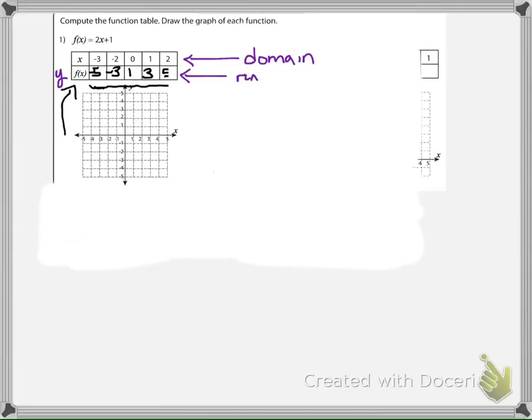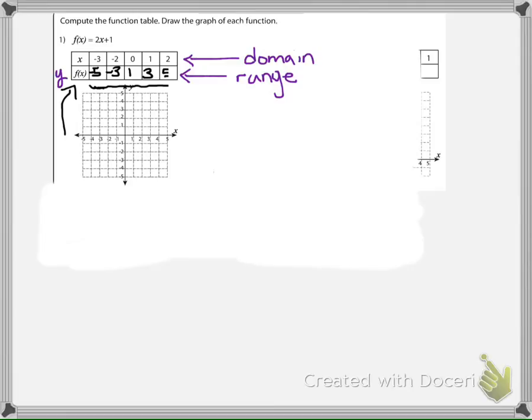So if you hear me say range, I'm talking about my y values, or my function evaluated at x, which is the y. So what is my domain?